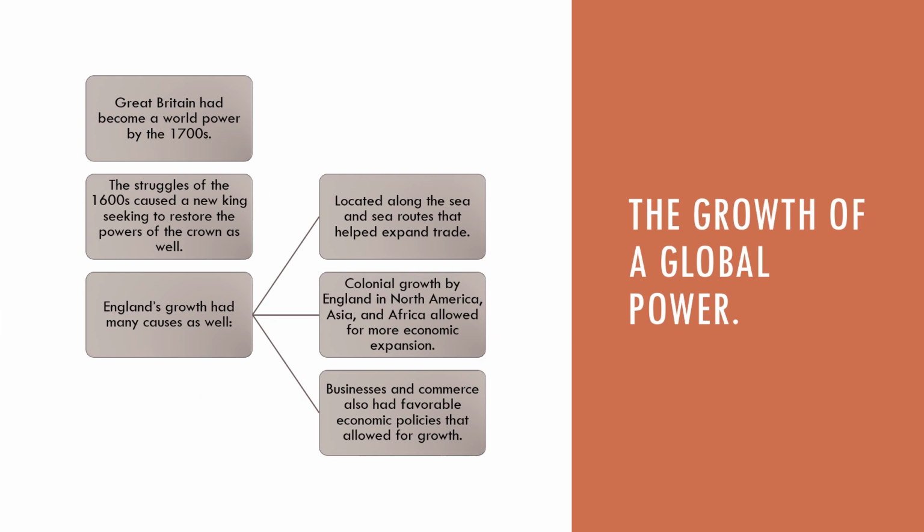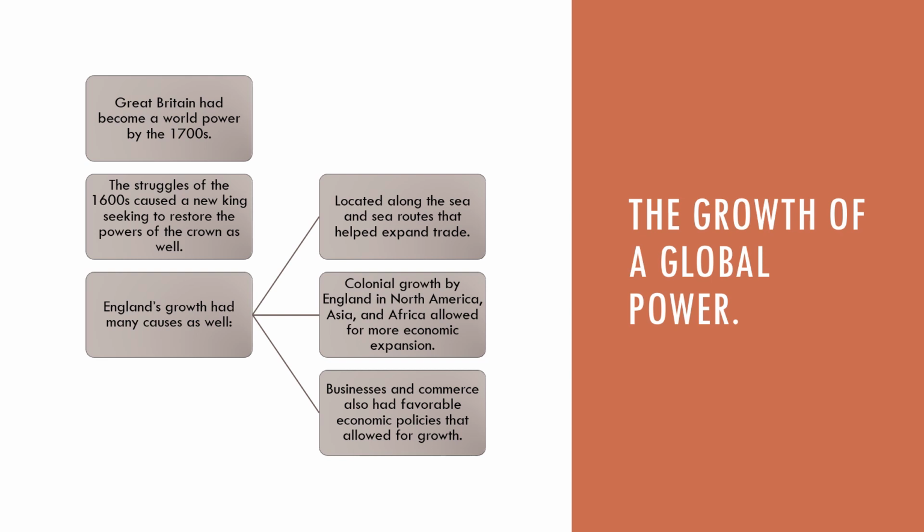So Great Britain had become a world power by the 1700s, and the struggles of the 1600s, especially with the English Civil War and the Glorious Revolution, caused a new king to seek to restore the powers of the crown as well. Now, England's growth has a couple of causes.